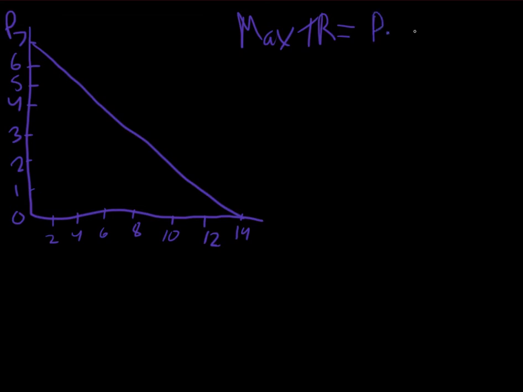If you've sold 100 units at $2 each, 2 times 100, you've made $200 worth of revenue. This is what you're trying to maximize.